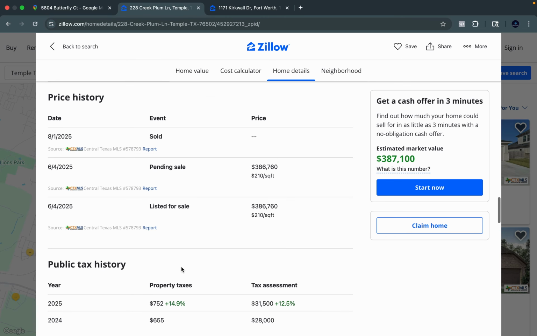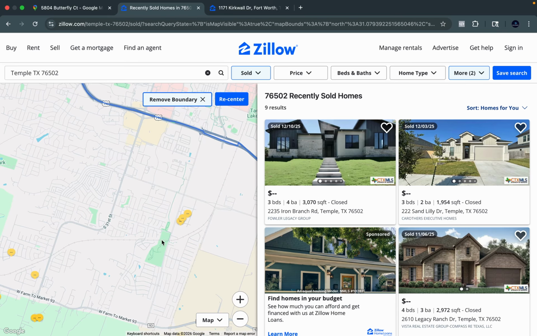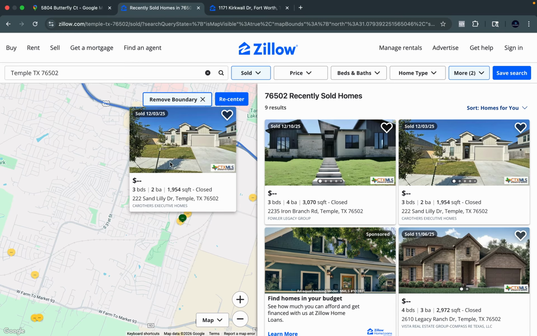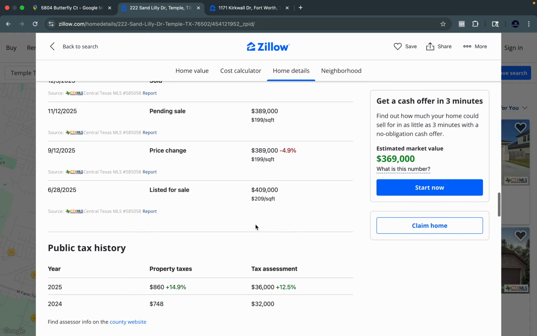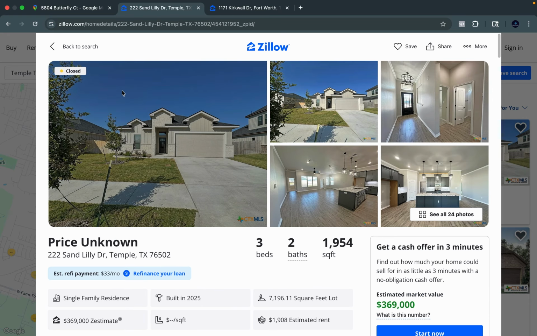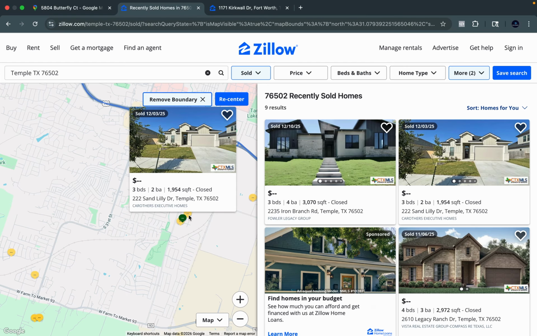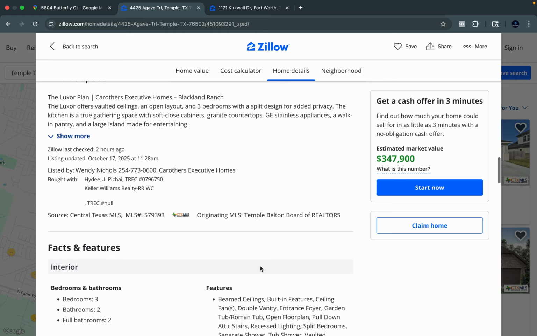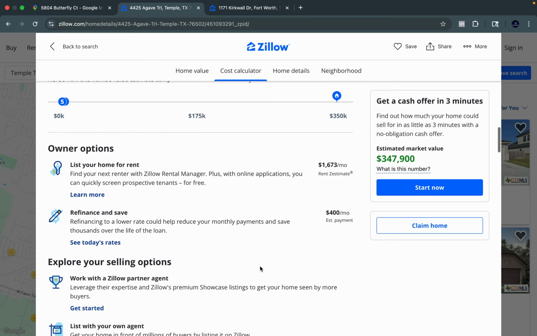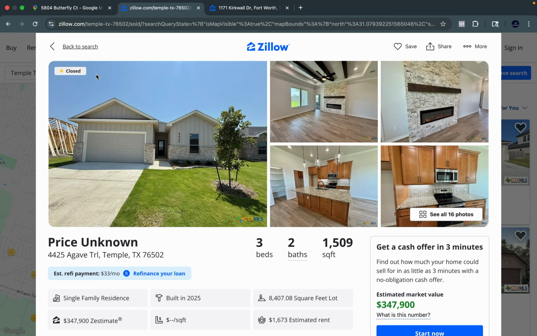And this home sold for $385,000. All right, and then we'll look at another one. Similar situation, sold for almost $390,000. And then we'll look at another one. Similar situation, sold for $350,000.